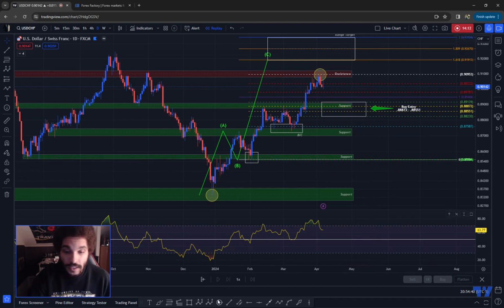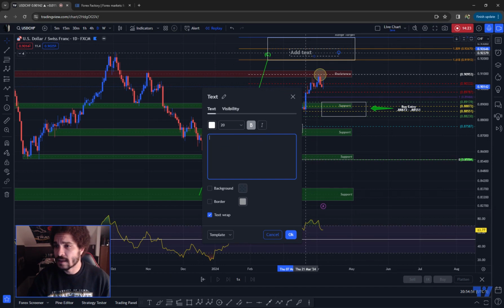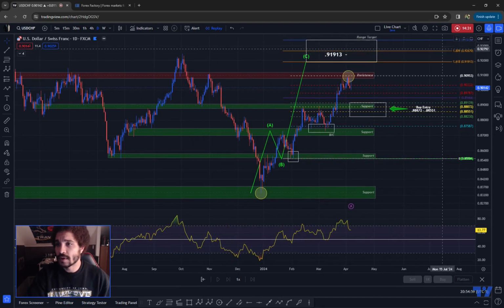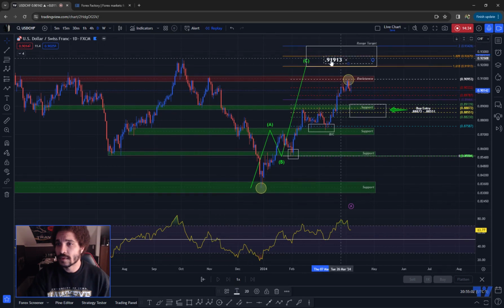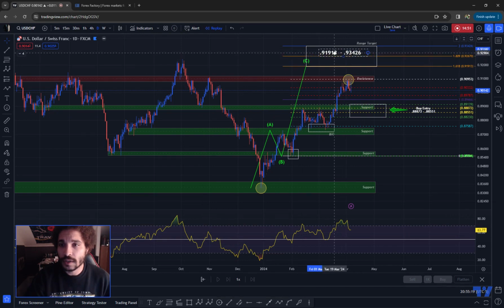The big picture here is I'm looking for price to end up here at, again, 91.93, let's see if I can get it up here, there it is, 91.3 to the 93.42 range target.